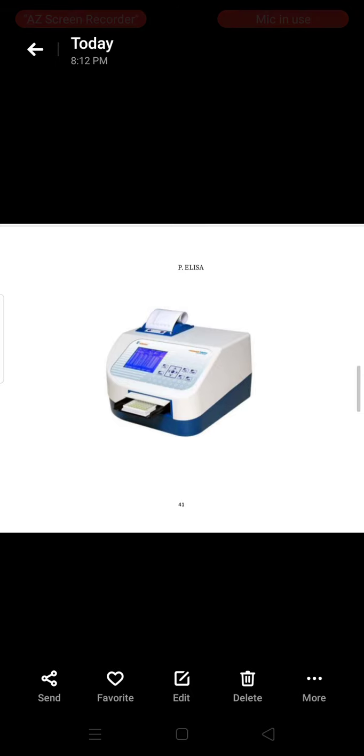ELISA tests are generally accurate tests. They have the added advantages of not needing radioisotopes or a costly radiation counter, compared with other methods used to detect substances in the body, such as the radioimmunoassay test. Thank you.